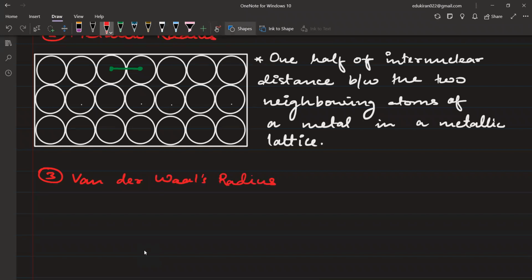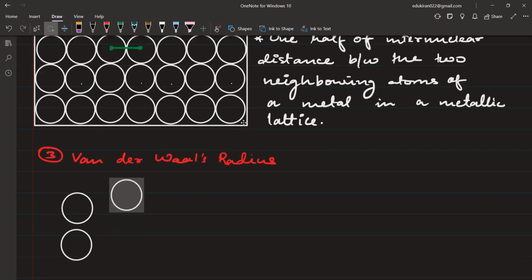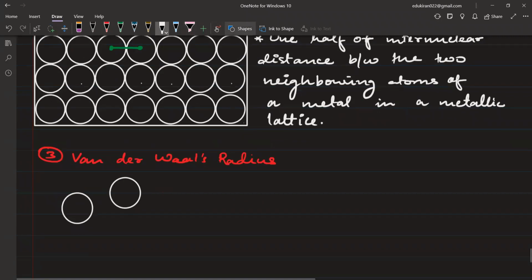Now, we know that the noble gases don't form any bonds. So when noble gases are present, we have one helium atom here, right? And the nearest helium atom will neither be touching it nor overlapping this helium atom. It will be somewhere far away from it. Suppose we have another helium atom here. The nearest helium atom is this atom here. Both of these are neighbors. Now we measure the distance between these two.